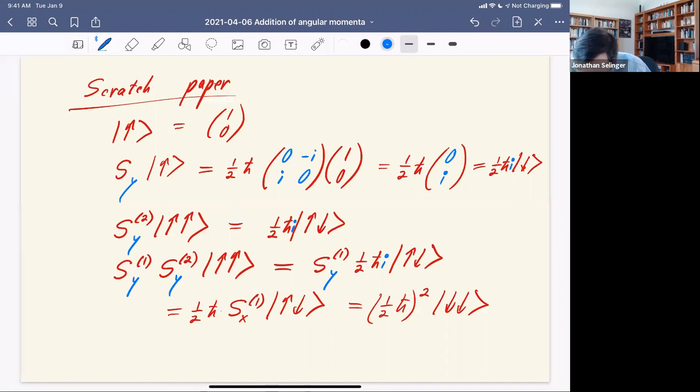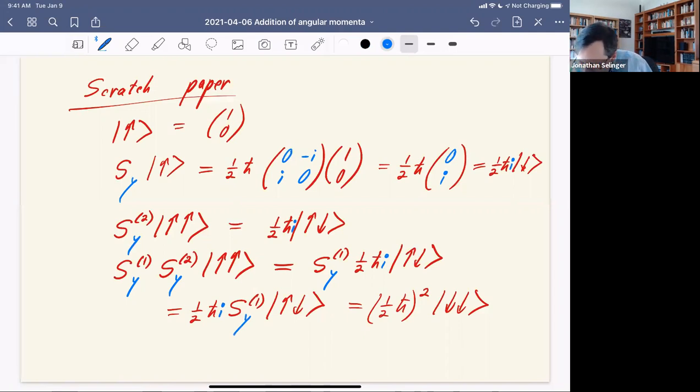So this half h bar i factors out. And then there's S1y acting on up, down.